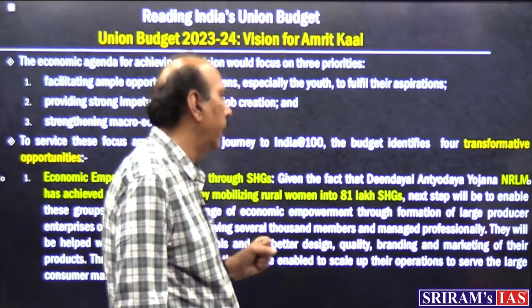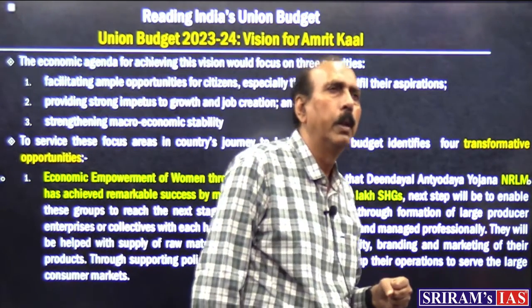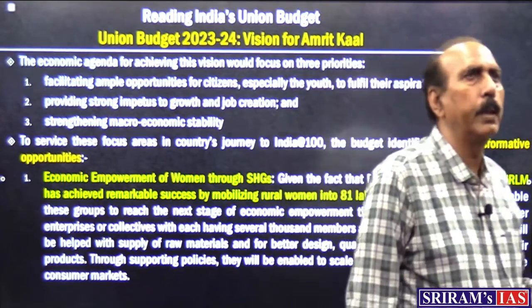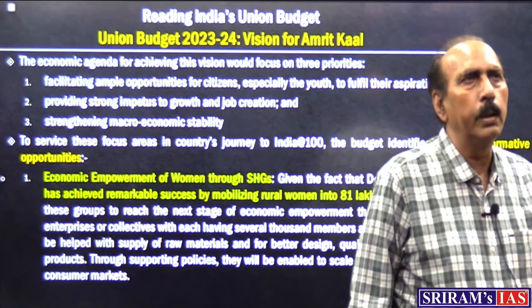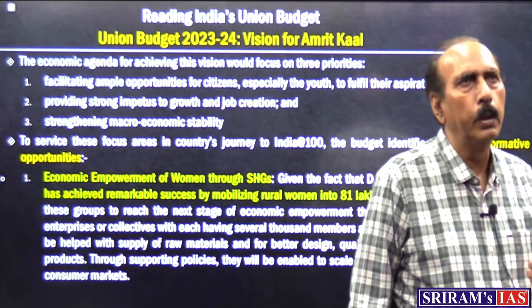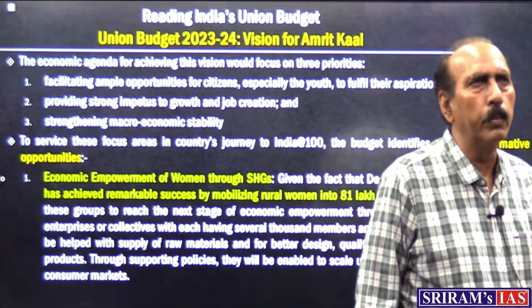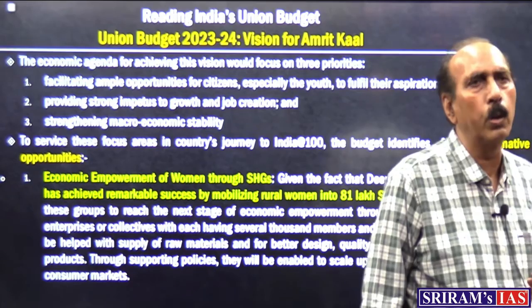But these 81 lakh self-help groups have to be empowered. If these are empowered, then obviously if you multiply even on average 5 members in a group, then 4 crore women will be empowered automatically.